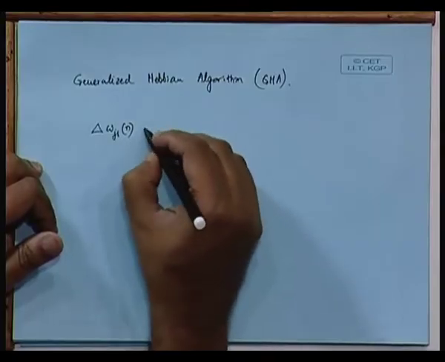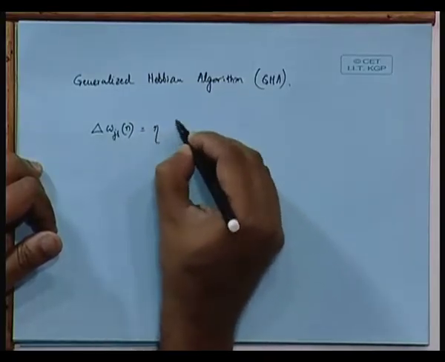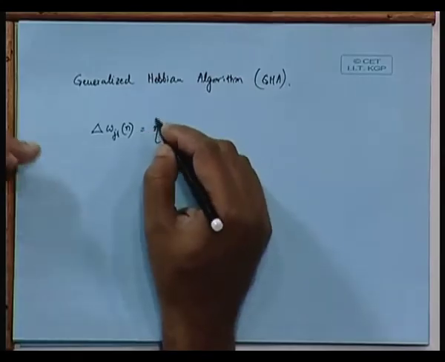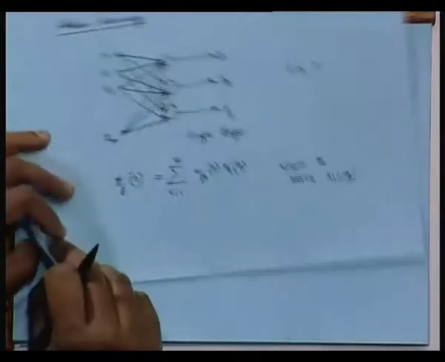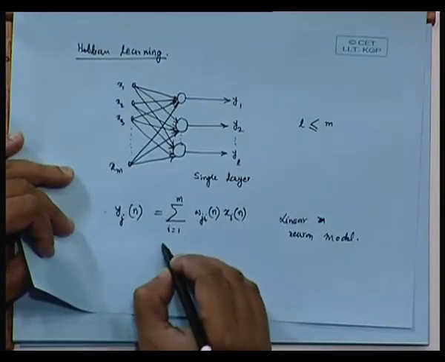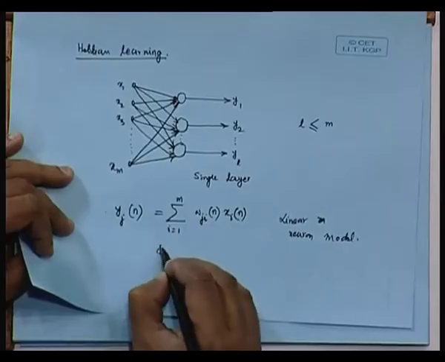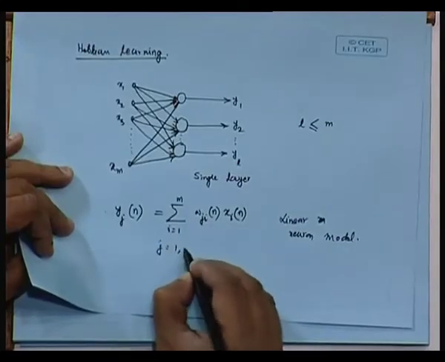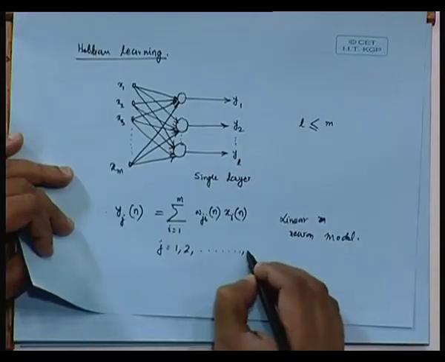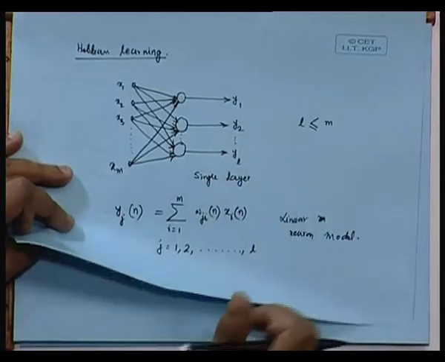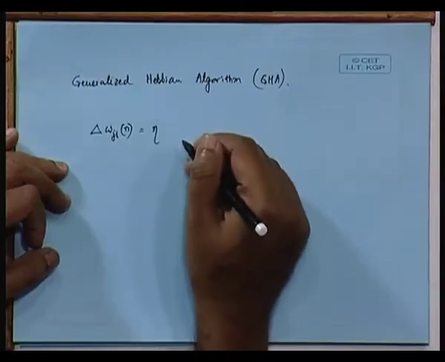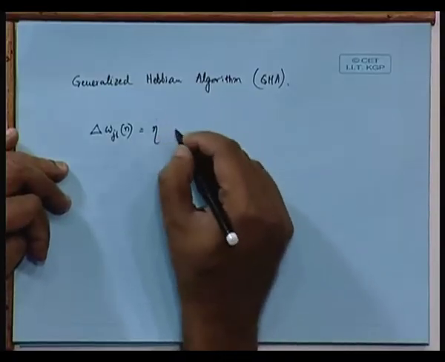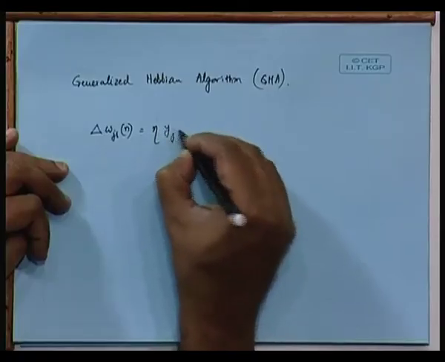For the iteration n, it would be written as eta, the learning rate, multiplied by... For the sake of completion, we should have written that this neuron model should be followed for all the j's, that is for j equal to 1, 2 up to L, because here there are L outputs.